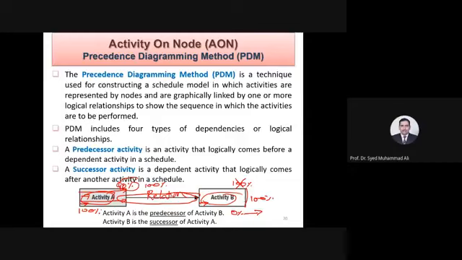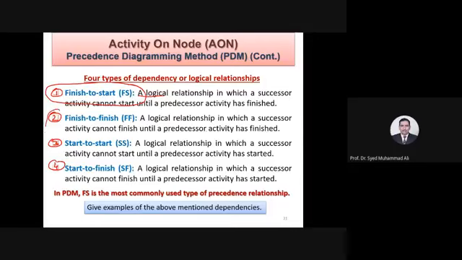Activity B will not finish unless and until activity A starts. The rest of the three might require your thinking about where this is possible. I gave an example of three. We can think and come up with possible examples of two and four as well. What could be those situations?